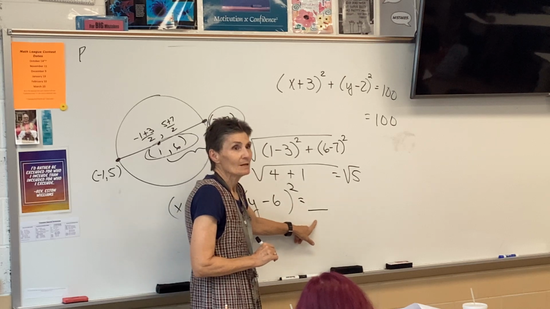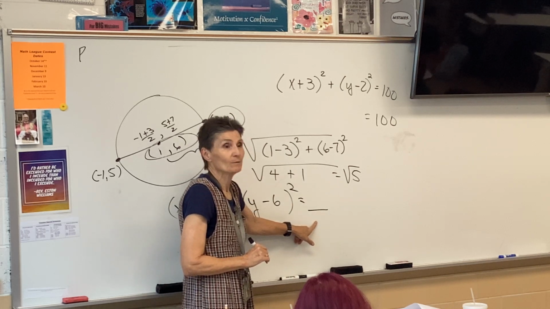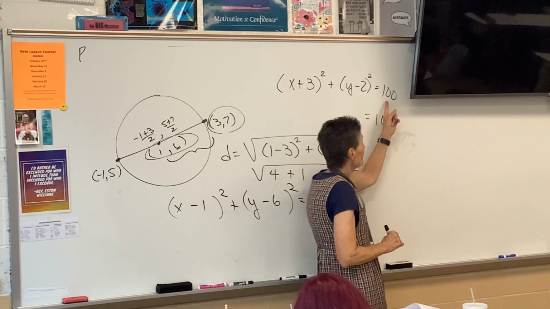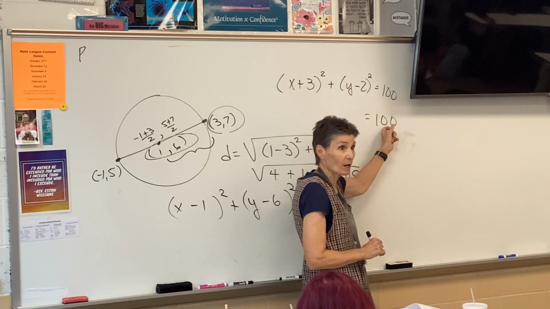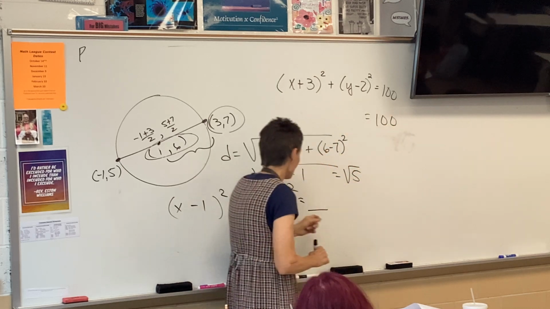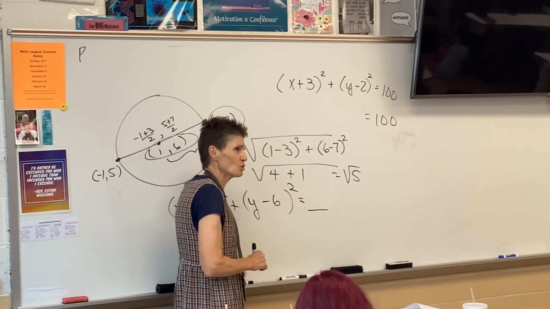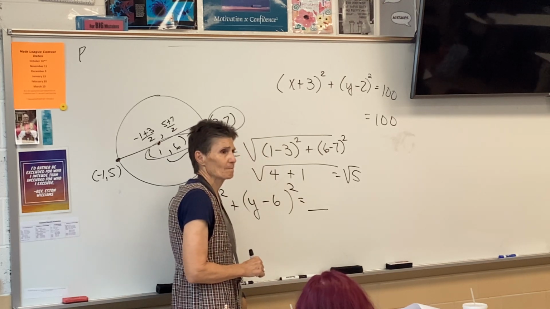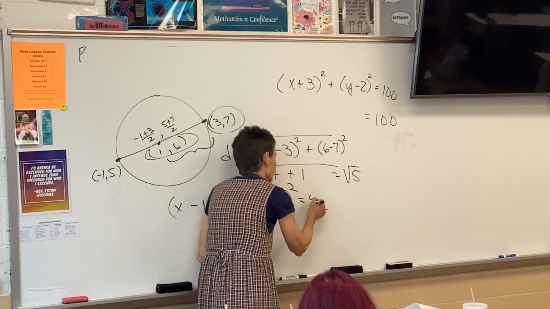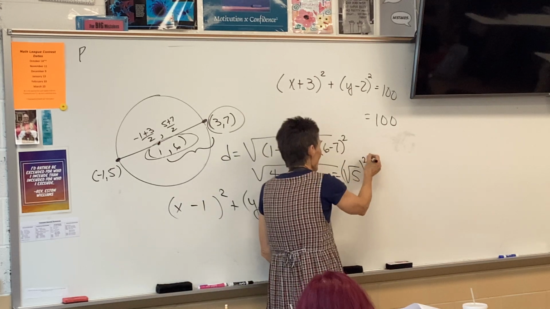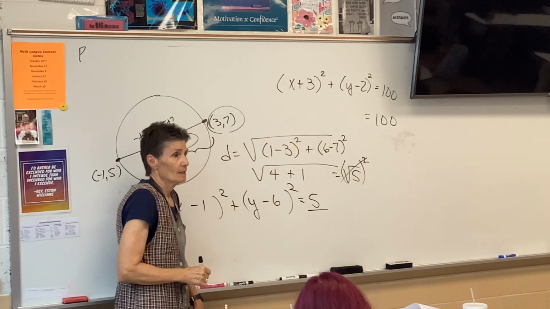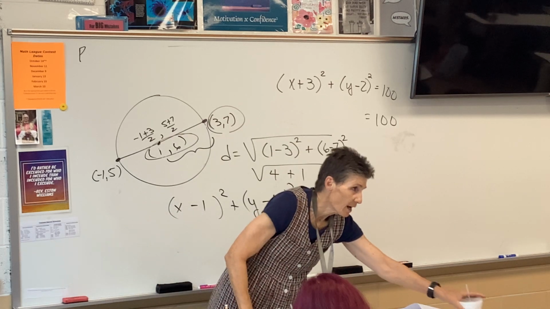So remember, the radius was 10, so we put 100 here. So since the radius is root 5, what's the square root of 5 squared? Just 5. When you square a radical, they cancel. You'll have just 5.